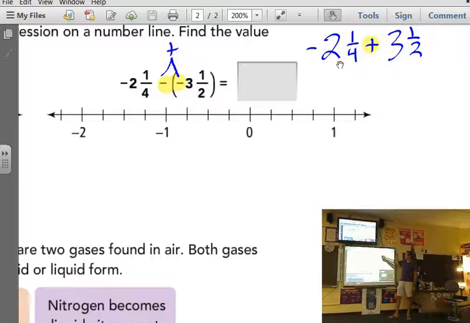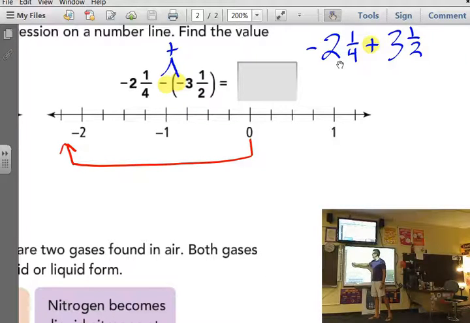So now I have to start at -2 1/4. What is each of these little tick marks worth? Jeremiah? 1/4, right? Because I know I can go 1, 2, 3, 4 to get to 1, and that tells me it's worth 1/4. So I start at -2 1/4. Might as well start with red. So we start by going all the way down here to -2 1/4. This is where I start.